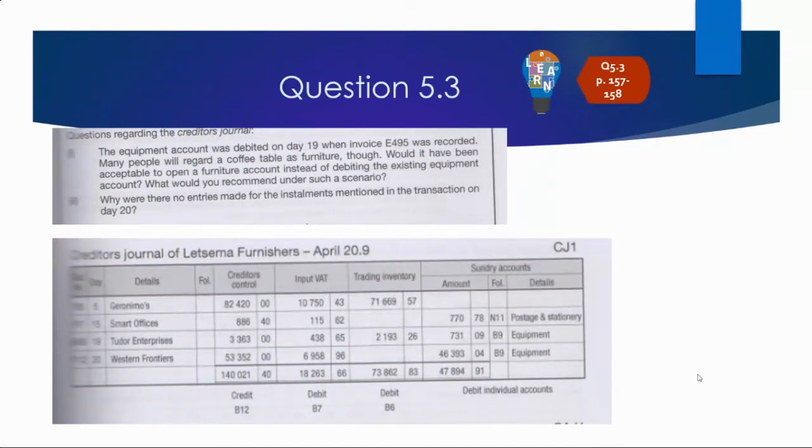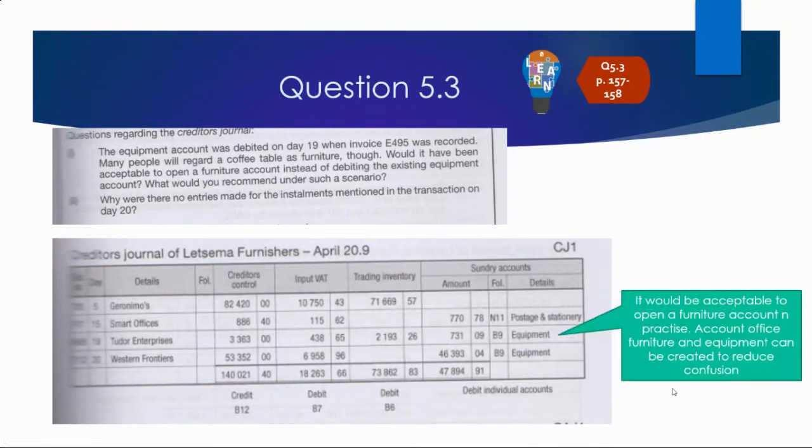So in that scenario, you would be able to just change the name to reduce the confusion as to what is included in that name. But it would be acceptable to use a furniture account in practice, as we do actually do that.